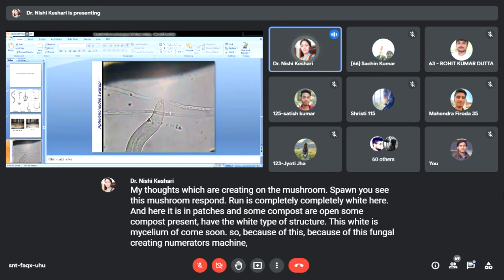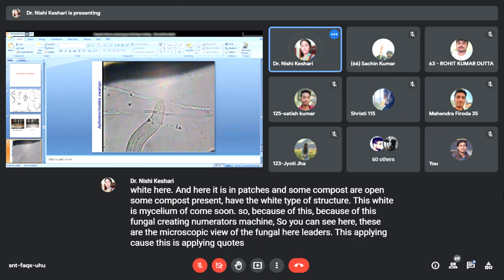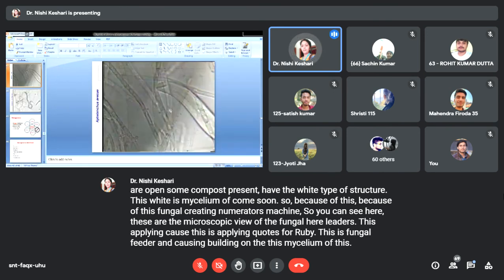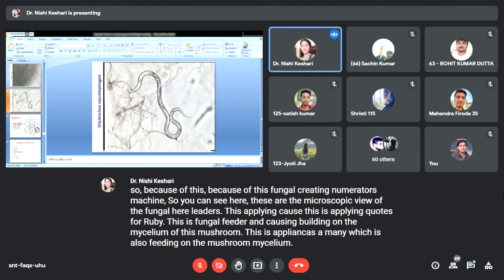So you can see here, these are the microscopic view of the fungal feeders. This is Aphelenchus avenae. This fungal feeder causes damage to the mycelium of this mushroom. This is also feeding on the mushroom mycelium. This is Ditylenchus.